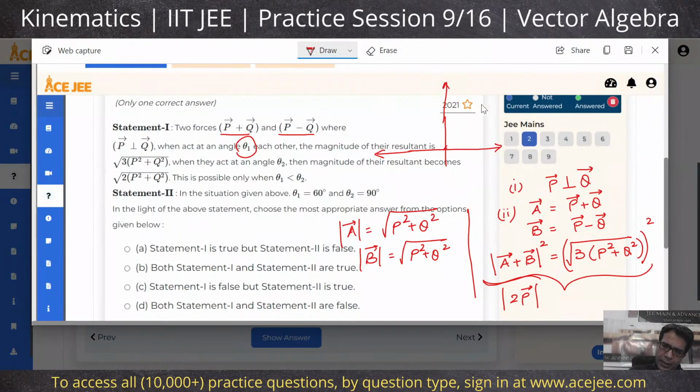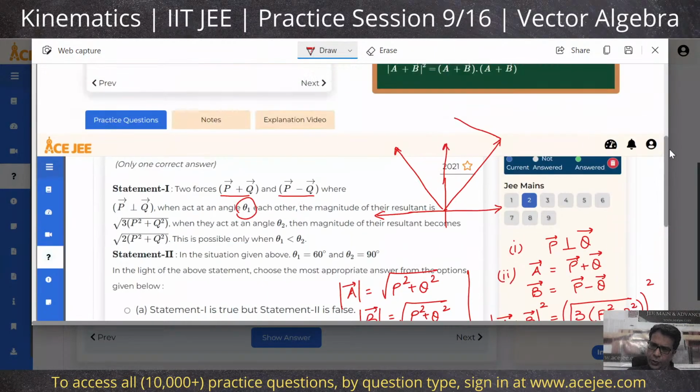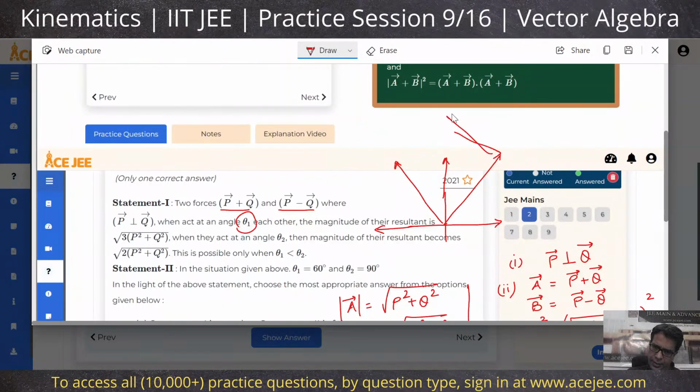Right. So आपने कहा this is your P plus Q, this is your P minus Q, and then you said if I were to take the resultant of these two, so if I were to just quickly move up, the resultant is here.